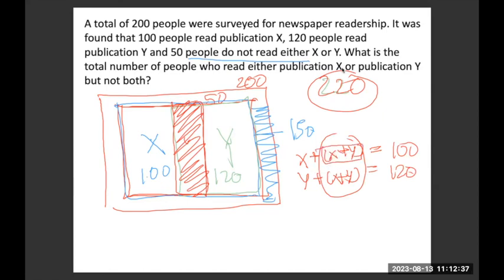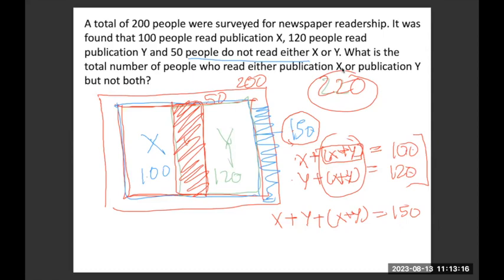So if I were to find just this, the formula comprising 150 will be: people reading only X, plus people reading only Y, plus people reading both X plus Y, will be equal to 150. Now, what I am given here is only X plus only Y plus 2 of X plus Y will be equal to 100 plus 120. That is what I am given here.